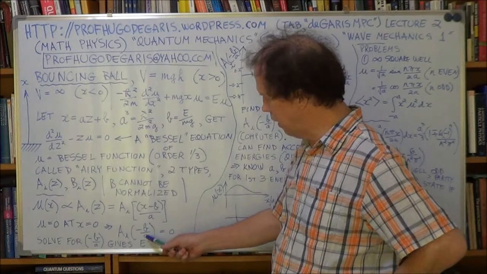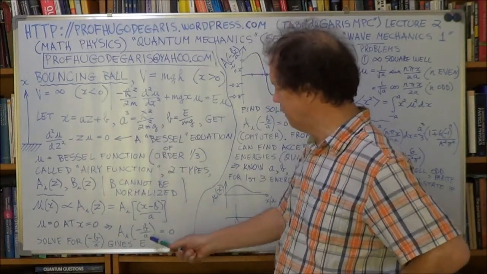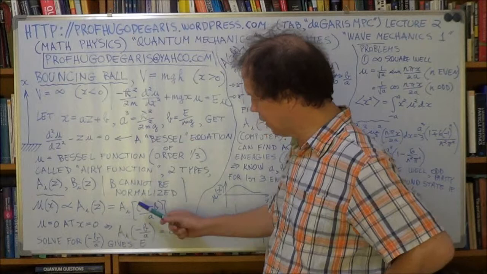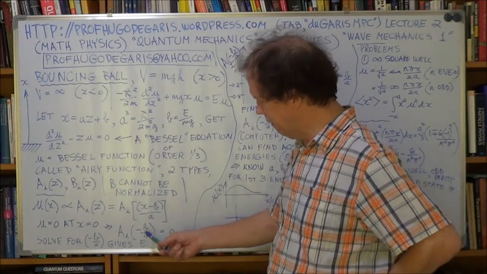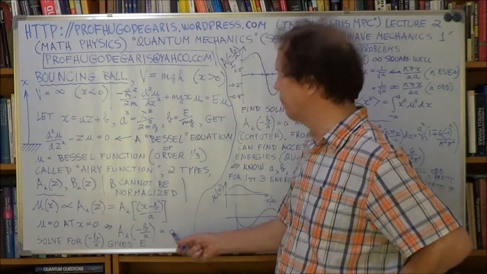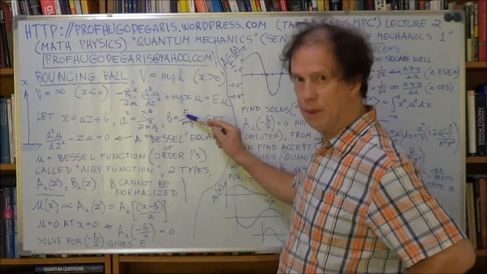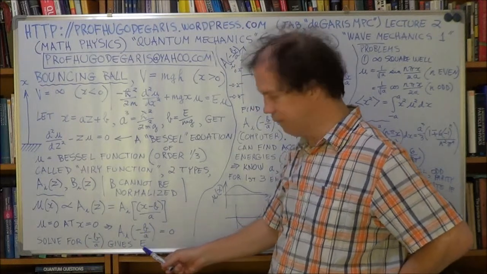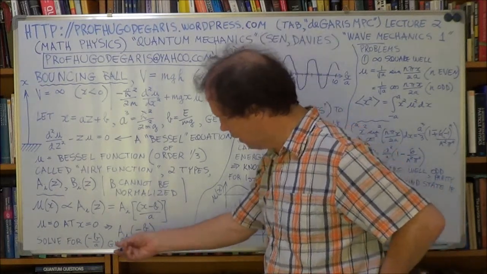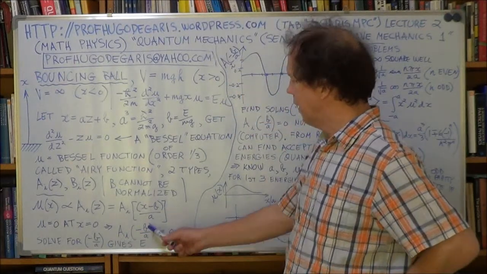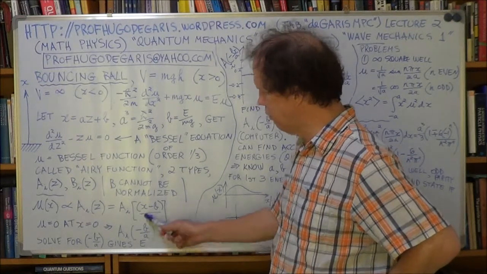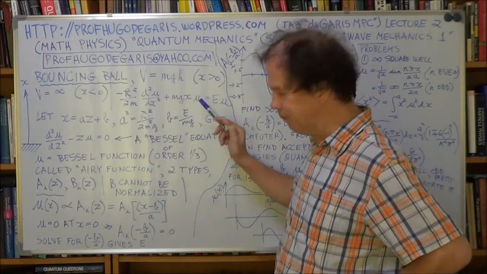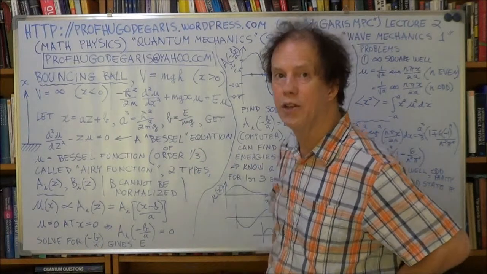Now a is just a constant, but b depends on the energy. So if you can solve this equation, you'll get values for minus b over a that give you the Airy function equaling 0. They're the solutions to this, and since b involves E, from these solutions you can find what the allowed energies are.